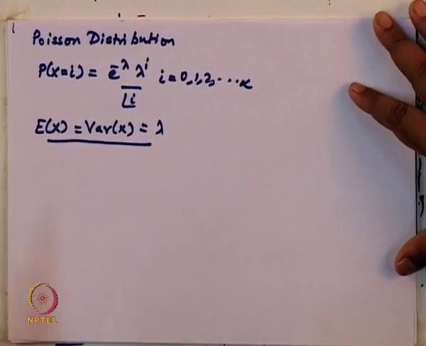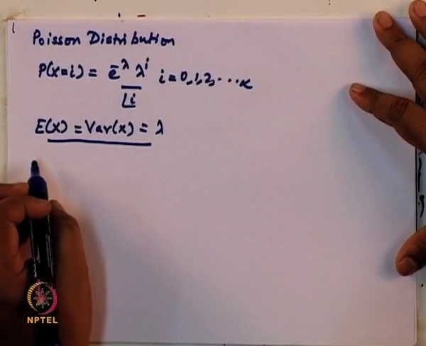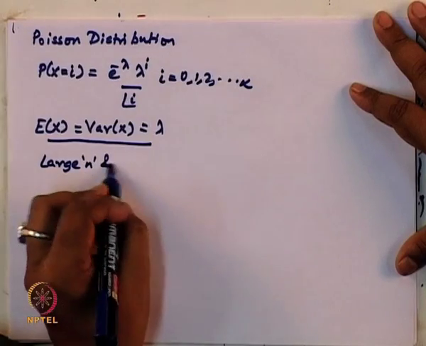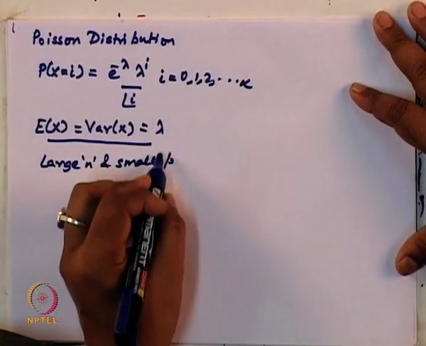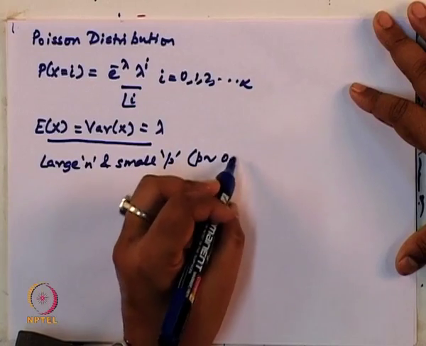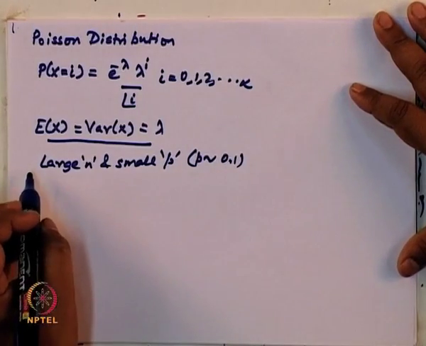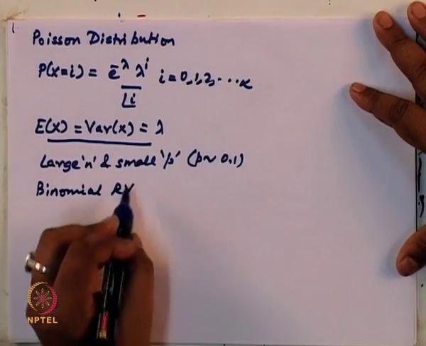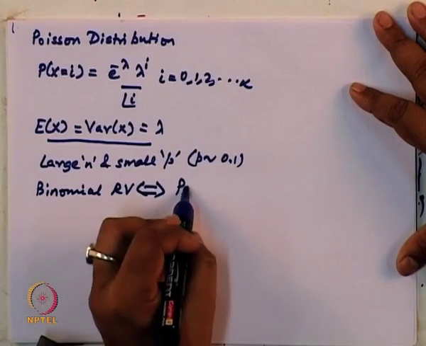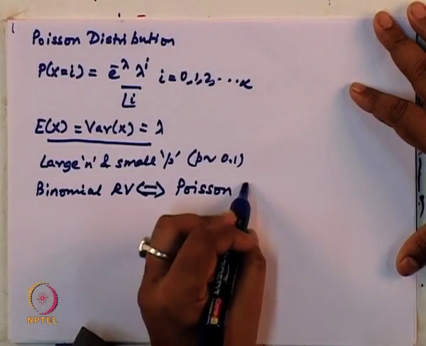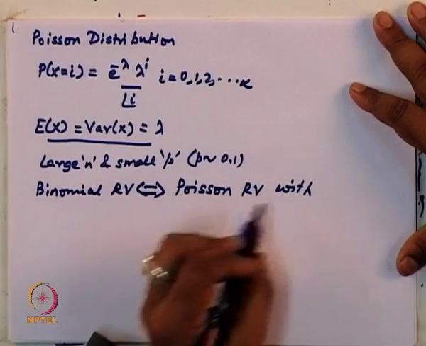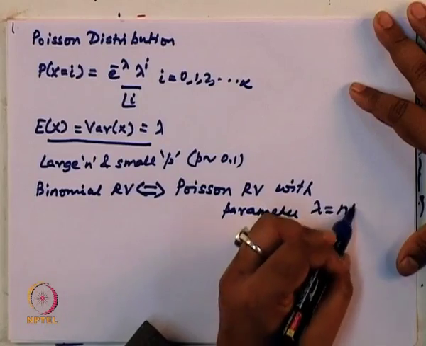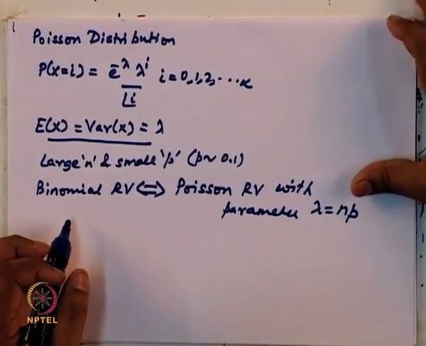One more thing: for large n and small p, by small I mean let us say p is of order 0.1, the binomial random variable is almost equivalent to the Poisson random variable with parameter lambda equal to n times p.